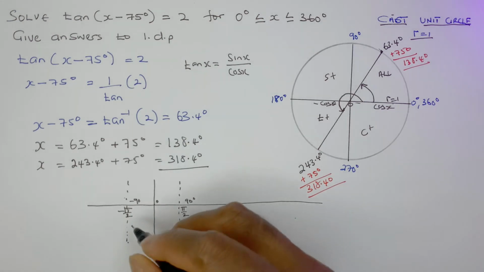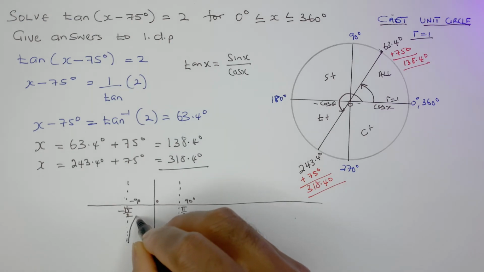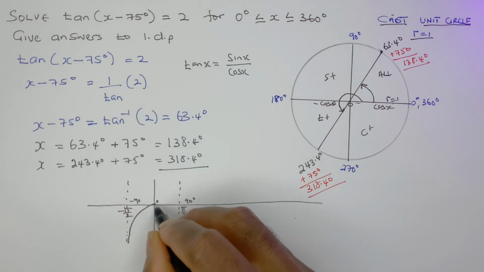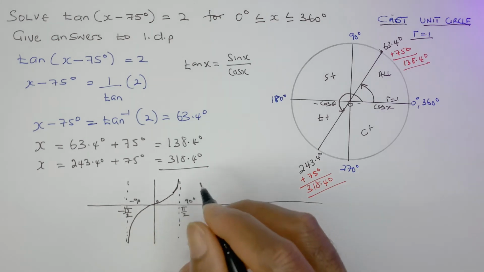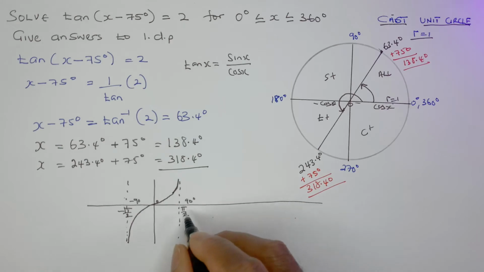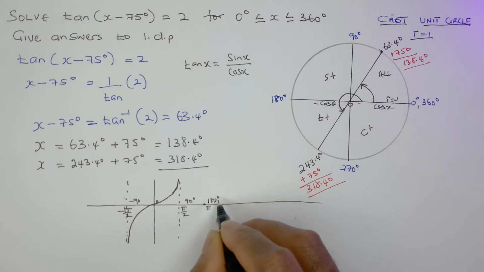For the tangent, it comes from negative infinity all the way to 0 and to positive infinity. And then the next one, this is pi, and that's 180 degrees.